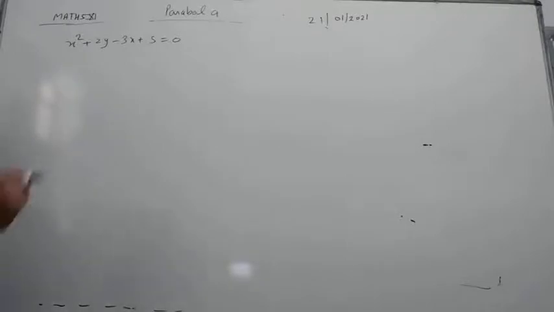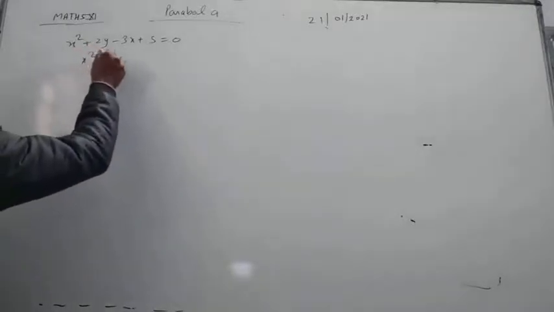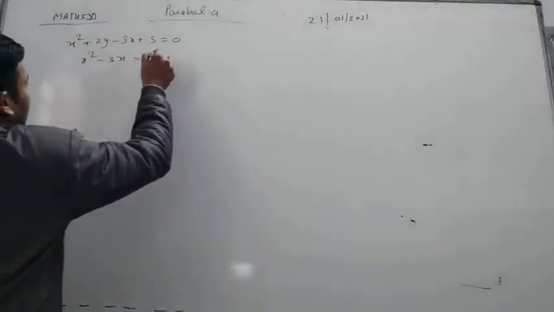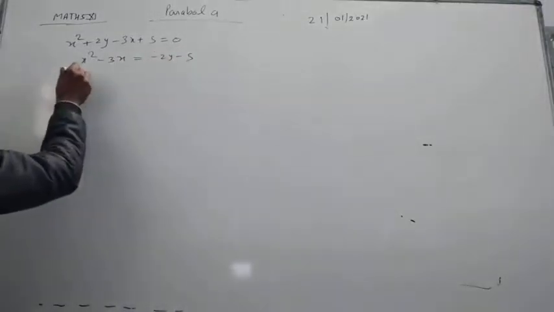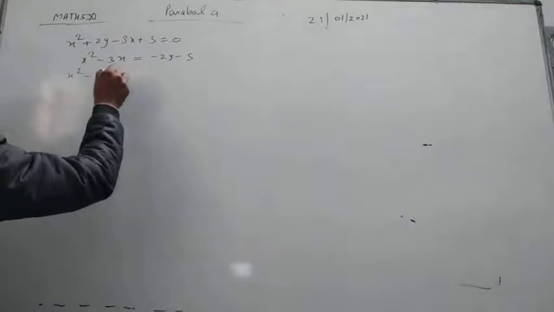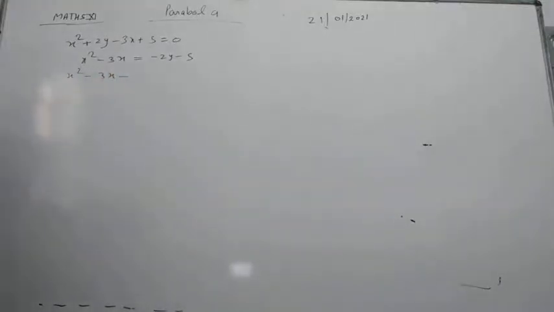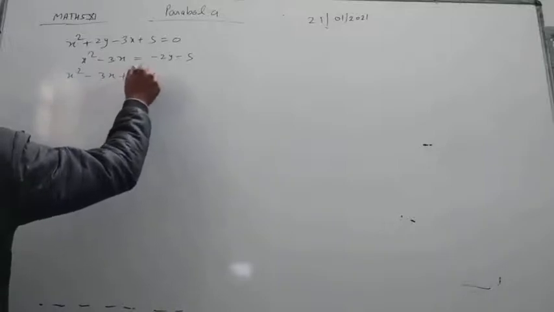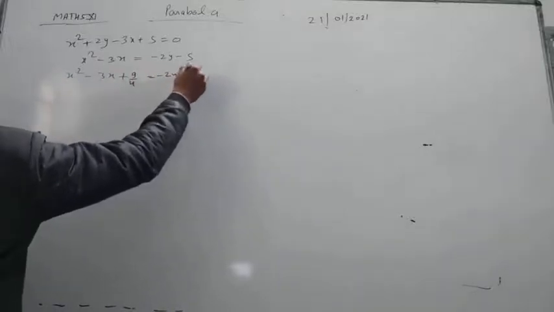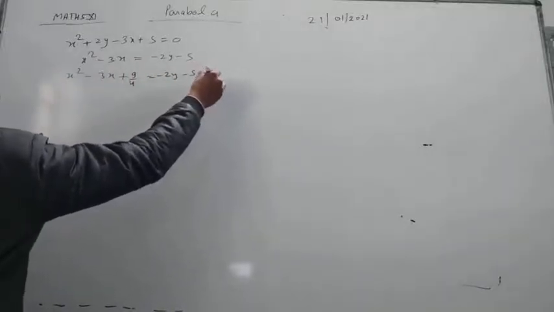Okay. So first of all, we will make this a complete square. So this is x square minus 3x. Now what do we add and subtract? We add 9 by 4, minus 2y minus 5 plus 9 by 4.